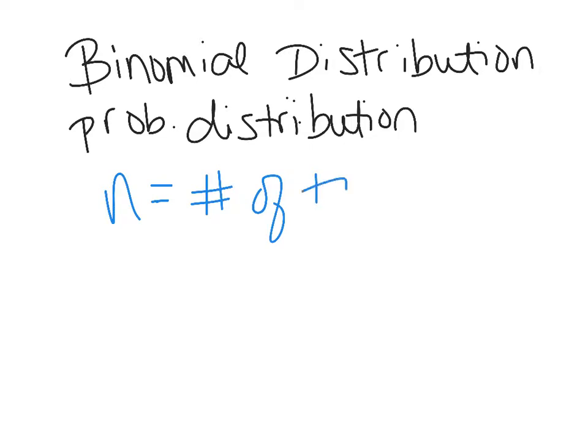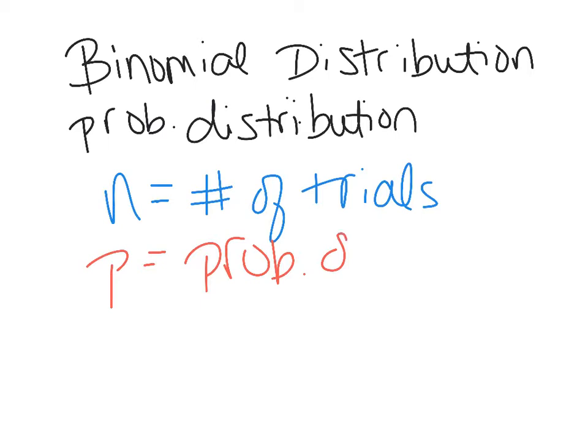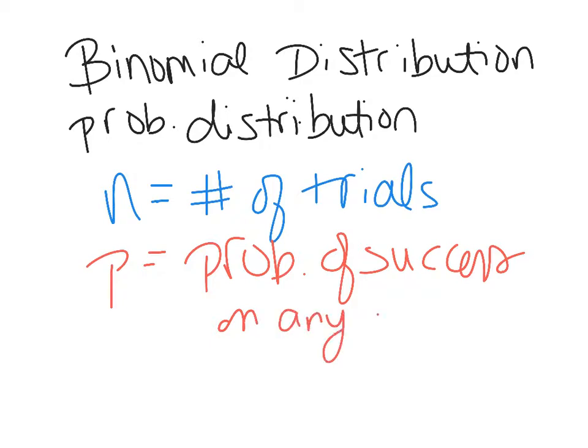Remember, that's set ahead of time. That's one of the conditions of it being a binomial. And the parameter p, which is our probability, our likelihood of success, right? Our probability of success on any one trial. Which means, again and again, that probability has to be the same every time, every trial that we do.